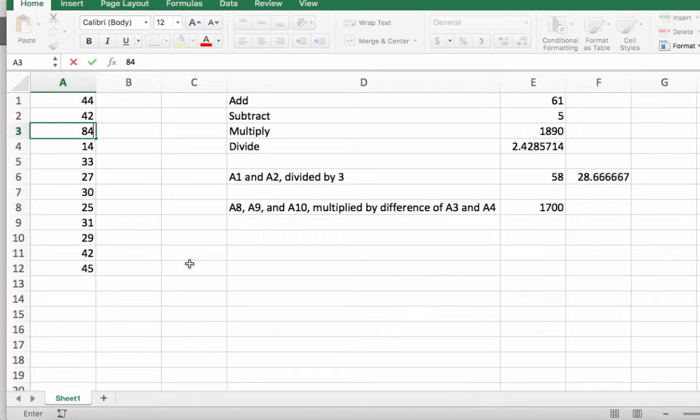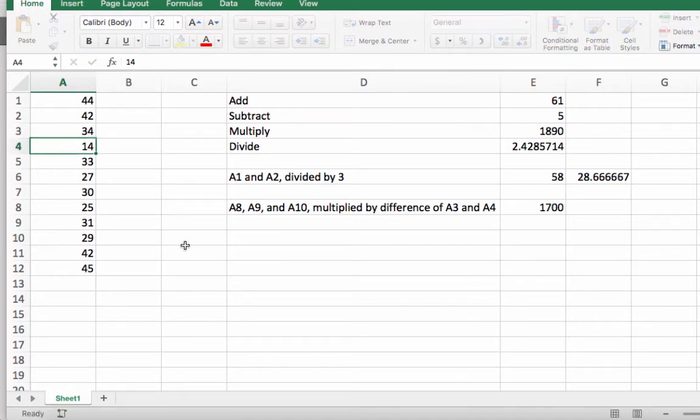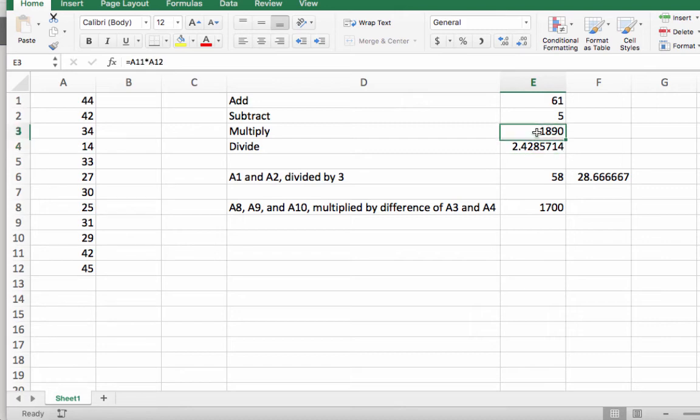If I do that, watch what's in E1 there. When I add those two, notice this answer now changed. I didn't have to change the formula, I just changed this one. If I change it back, there's what I get. You might have noticed that some of these others changed because they also referred to A3.